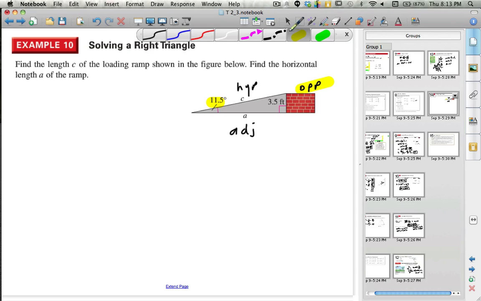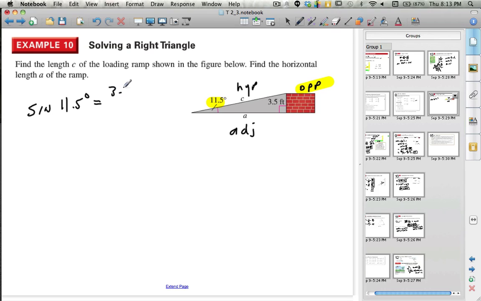What would be really easy for me to do at this point would be to say that the sine of 11.5 degrees would be equal to the side opposite, 3.5 feet, over the hypotenuse. Well, that was an easy one to write, but it's not necessarily fun to solve because my variable is in the denominator of a fraction, but I can handle that.